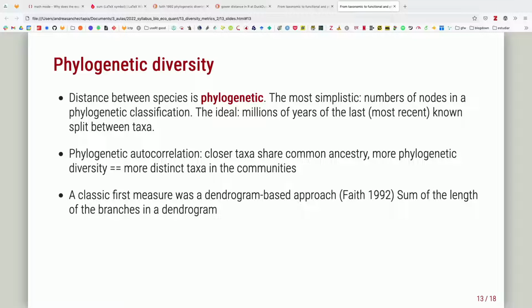It's weird because this changes, but you could say it's further than this. And you have pairwise distances. So the number of nodes is not ideal. The ideal is that you have a calibrated phylogeny, which you don't always have, and that you have a notion of the distance in time of the most recent common ancestor between any species.